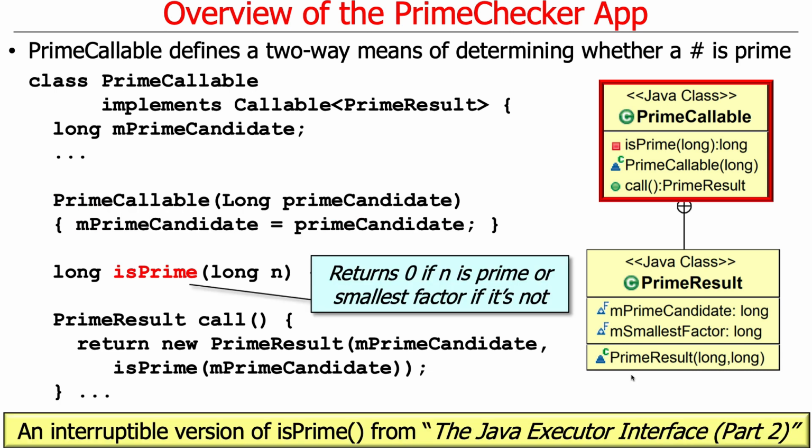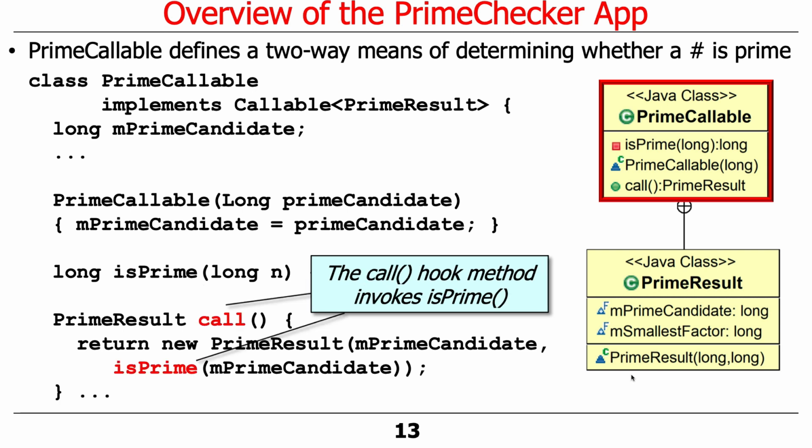And we have the isPrime method. If you remember, that's the one that does the brute force work to see whether or not a number is prime. And then the call method, which is the hook method that the ExecutorService framework, or the ExecutorService implementation, which would be a thread pool executor, will call back when there's a thread ready to do the work.